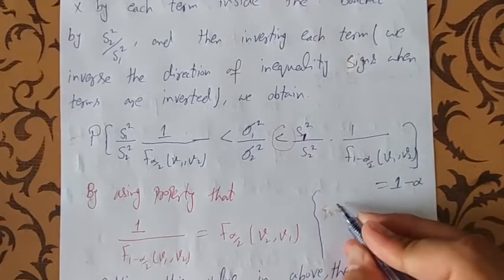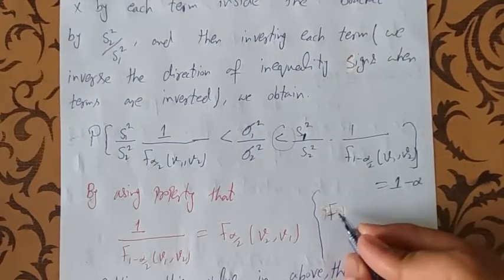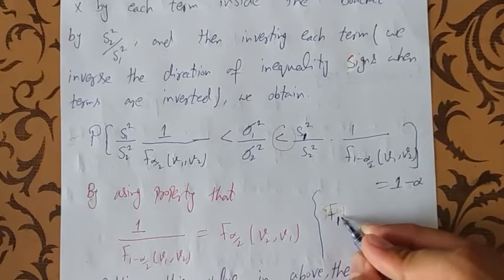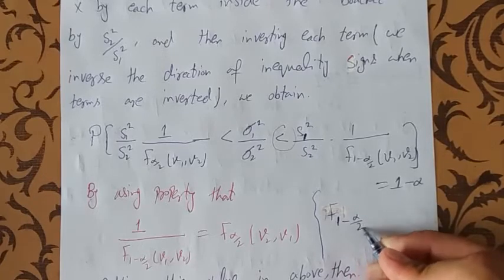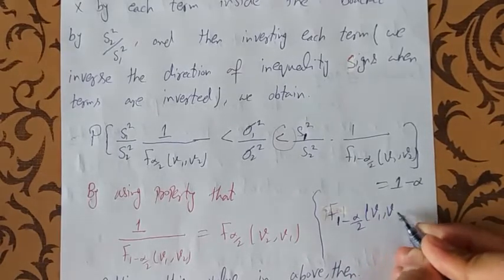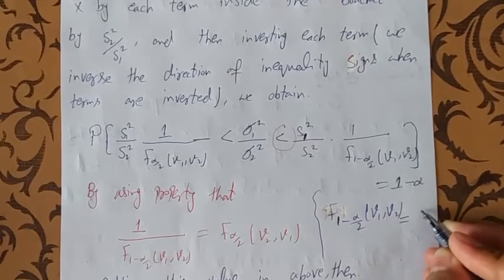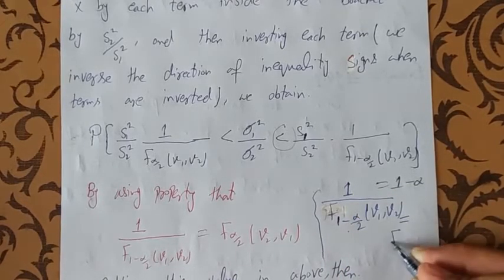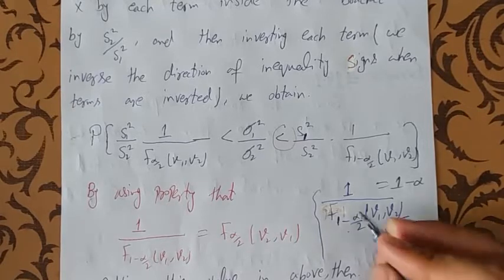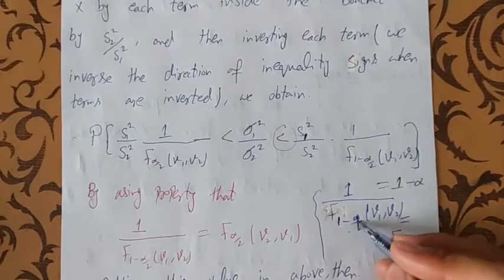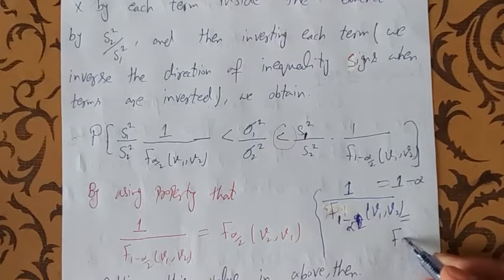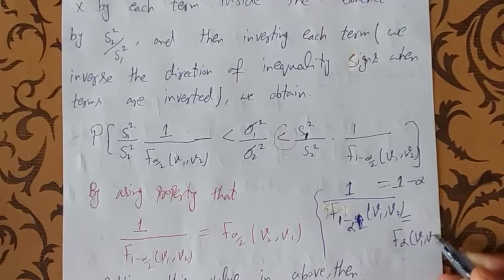Property number 5 is F 1 minus alpha nu1 comma nu2, which is equal to F alpha nu1 comma nu2.